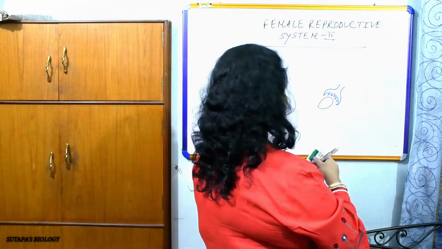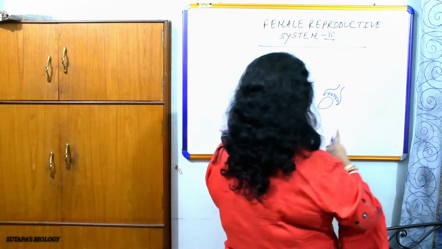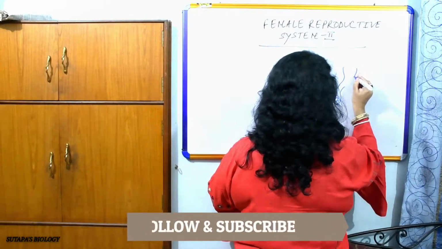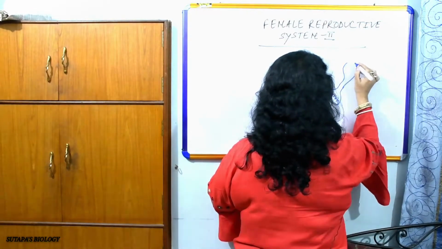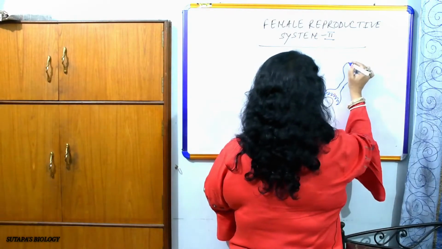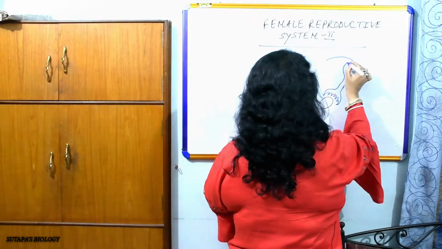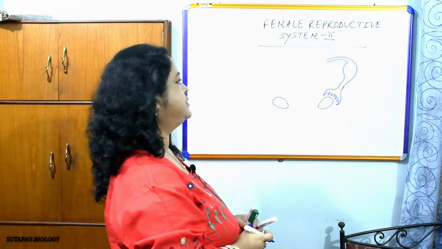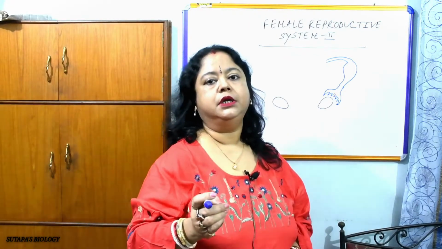So the first part is infundibulum, and next is the round muscle-rich structure, that is ampulla. Ampulla is the round muscle-like structure, and it's the site of fertilization.